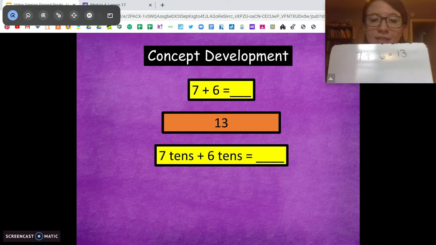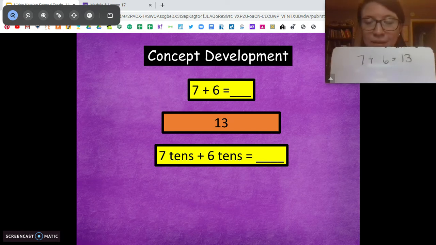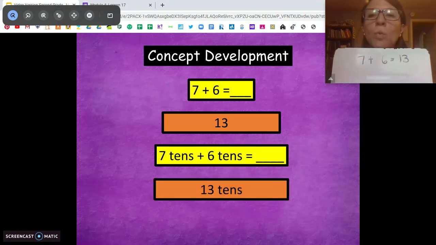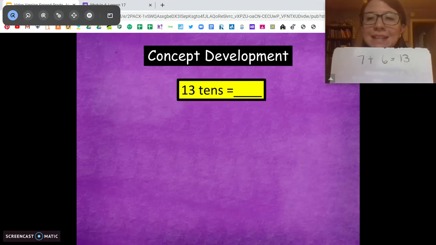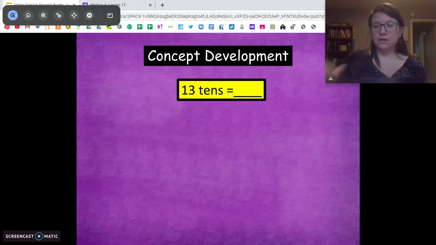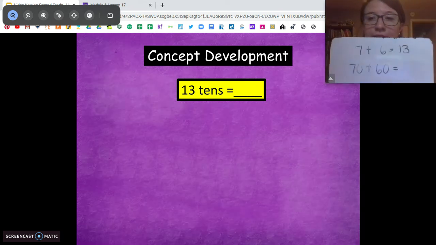What about 7 tens plus 6 tens? How many tens would that be? Yeah, same idea, 13 tens. Now, what does 13 tens equal? Gonna be 70 plus 60 equals what? What does 13 tens equal?